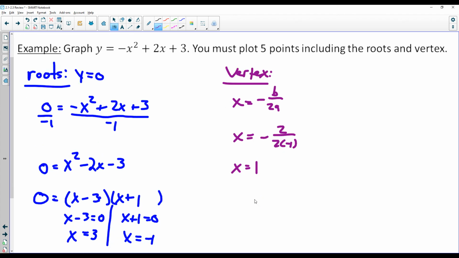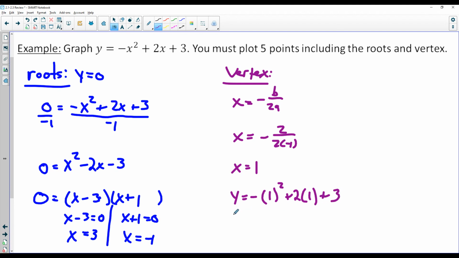Now that we have that, we can plug that in to find our y value. So then we have y equals negative, wherever I see x, I'm going to put a 1 in parentheses, because that's what I got for my x value. I'm looking at this equation up here. I'm rewriting that, except replacing x with 1.